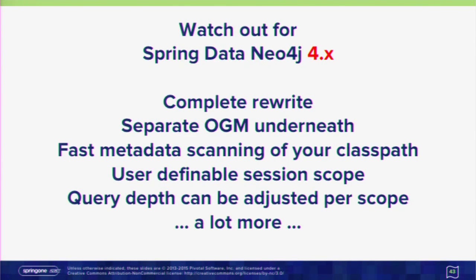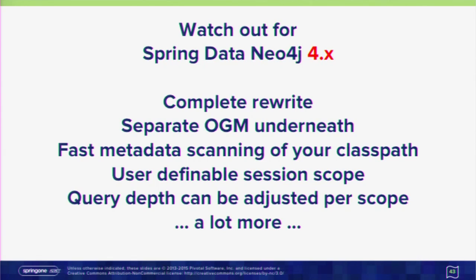Now we did not yet migrate to Spring Data Neo4j 4, just released by the GraphAware guys with support from Neo4j and Spring. This is a complete rewrite. The previous versions of Spring Data Neo4j were optimized for the embedded use case with Neo4j, which was perfectly fine for us. But for the audience that wants to integrate Neo4j in server mode, they needed this, and it's now been released.